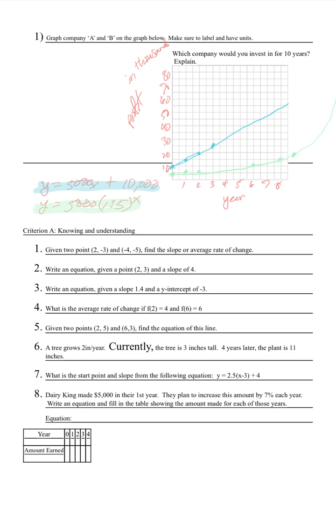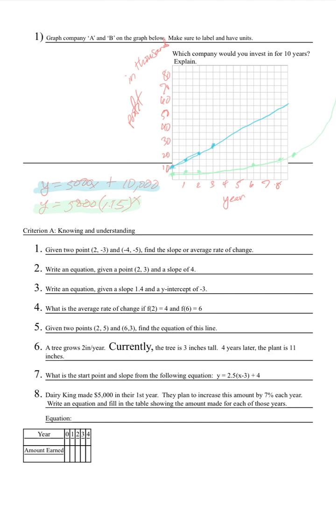Just in general, I want to hear you say that in the short-term deal, company A is better, and in the long-term deal, maybe greater than 20 years, company B will be better because the exponential will surpass the linear one. Right, for criterion A, knowing and understanding, this is going to be on a computer part. You'll do this on computer, and you'll do criterion B and D on paper.